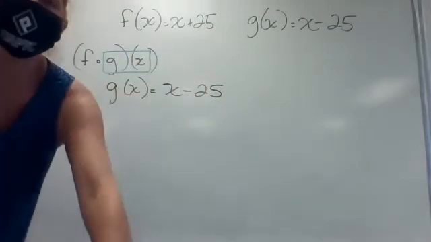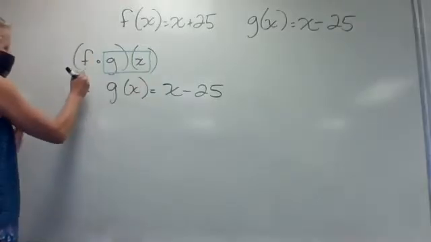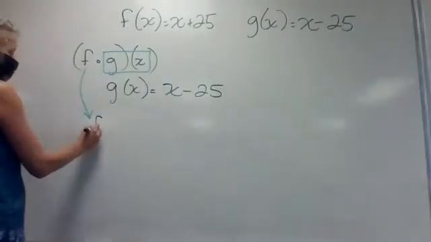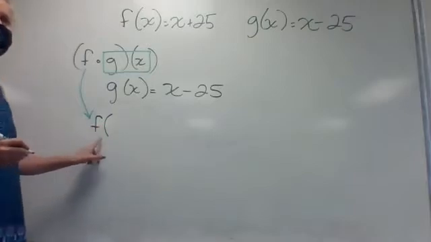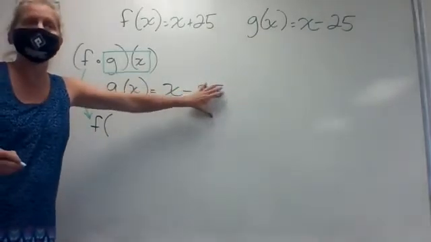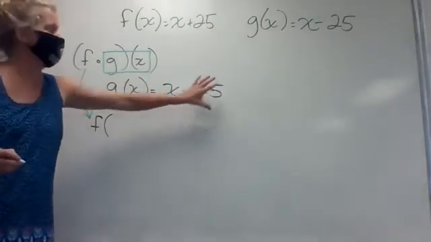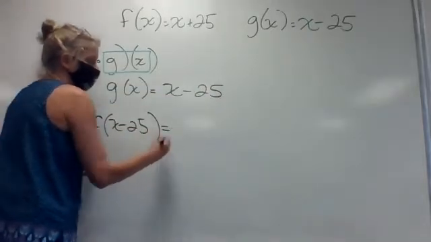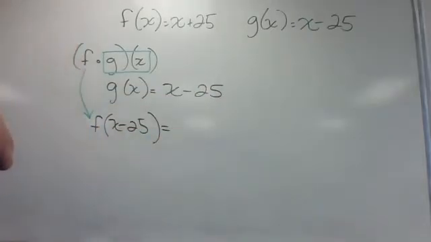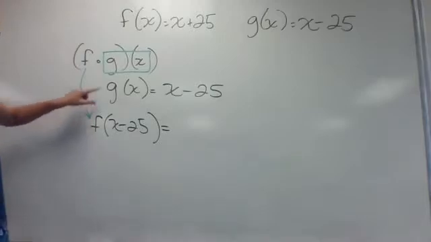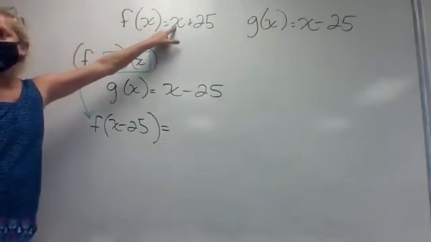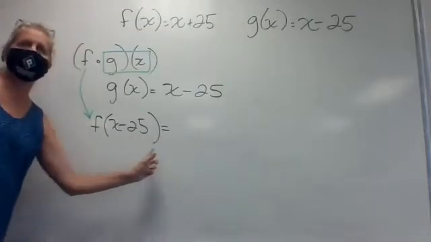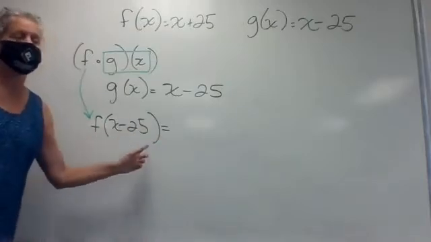So what was always the next step? You just bring down this f. And what do you find f of? You put your last solution here. So I'm putting the x minus 25 in the parentheses, which tells me to go to my f function. And wherever I see an x, I'm going to write this, x minus 25.